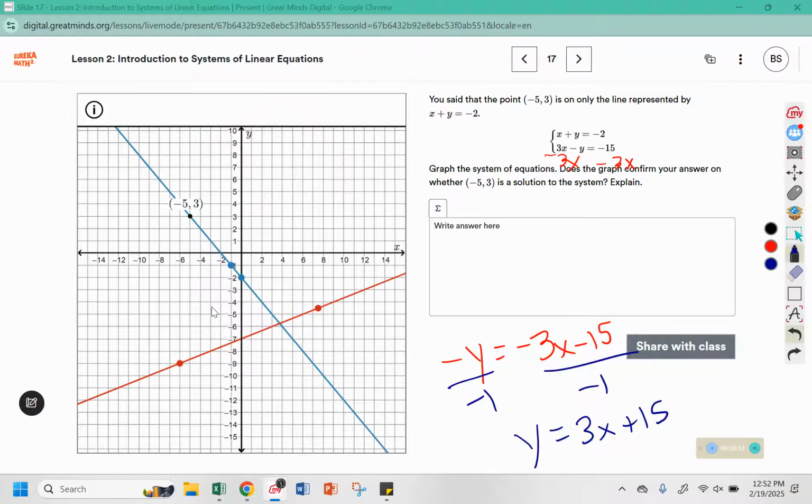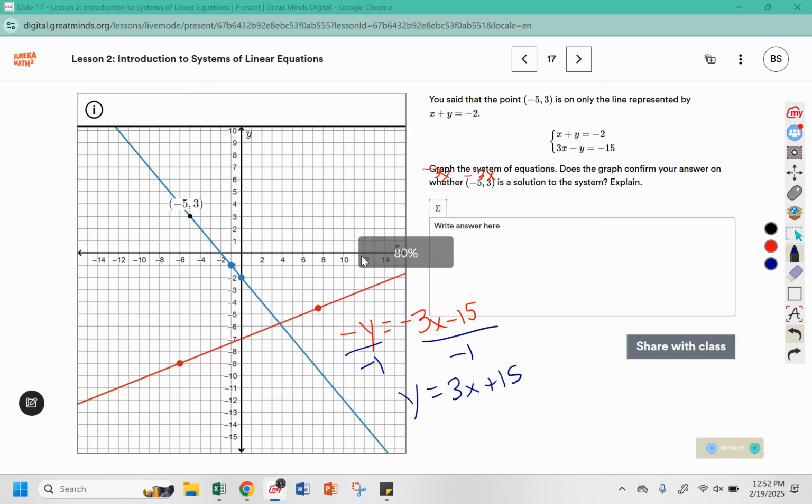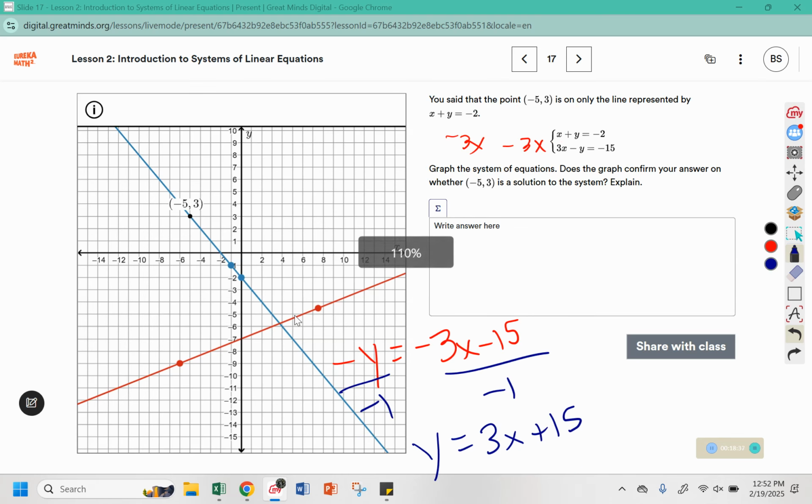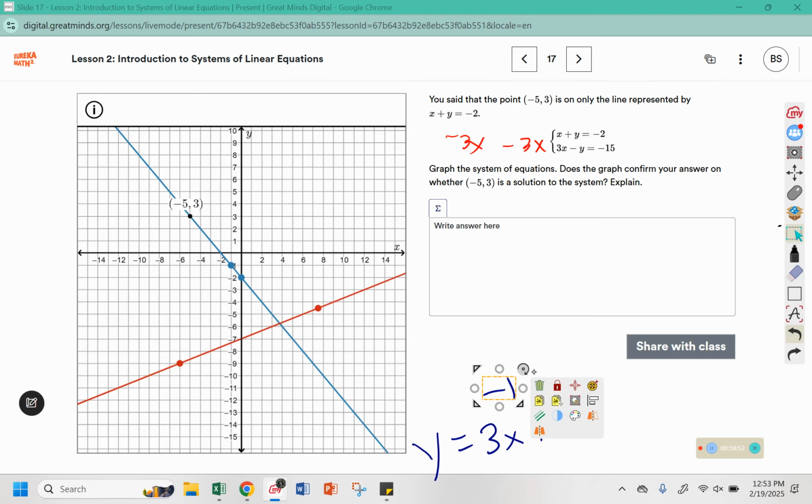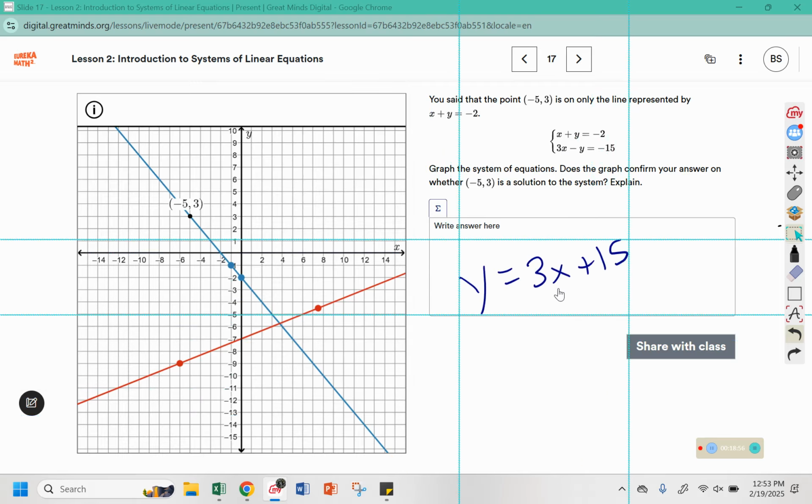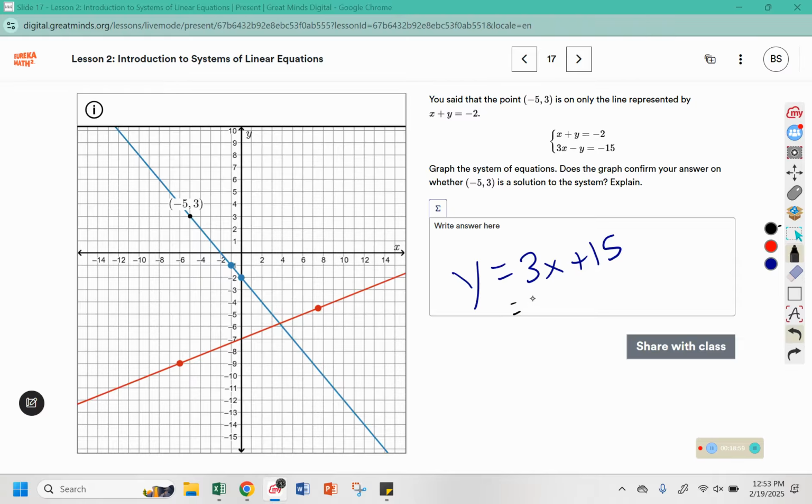So we can't quite fit 15 on our graph here. So we might try a different point on the line. If we plugged in, let's say, negative 1, for example, three times negative 1 plus 15, that would give us negative 3 plus 15, which is 12.